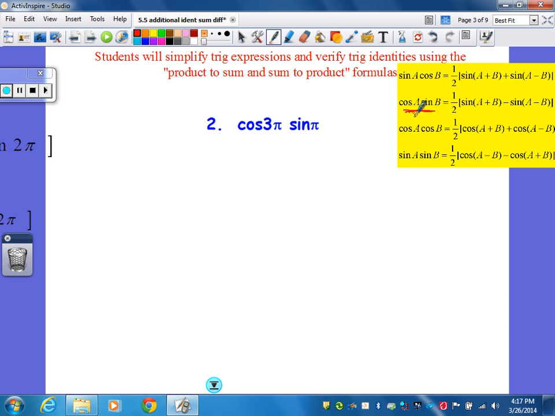Now I want to identify my A and my B. Once I have my A and B identified, it's just a matter of plugging in the numbers that you have. So I'm going to write down 1/2 times sine of A plus B, so 3 pi plus pi, and then minus sine of 3 pi minus pi.